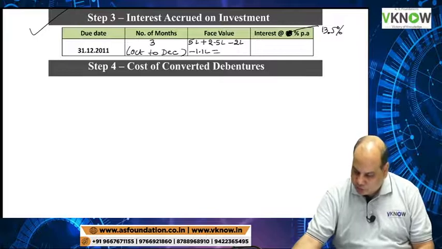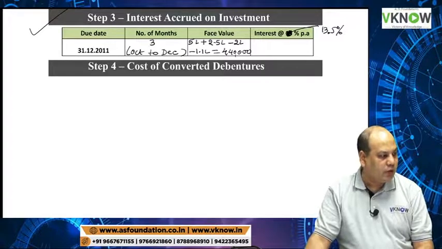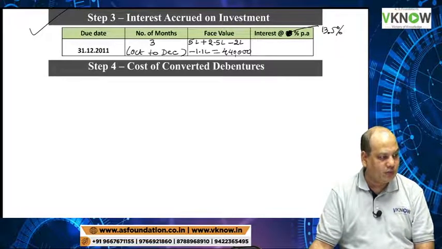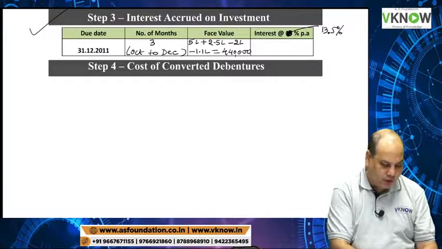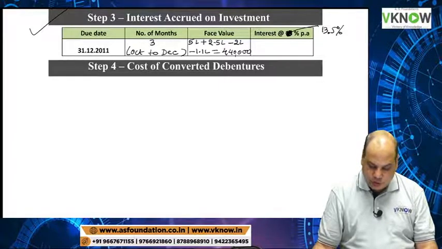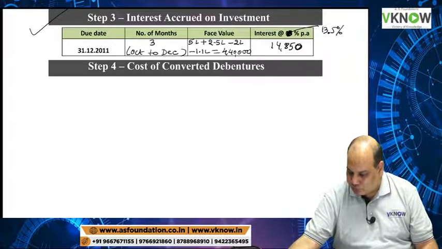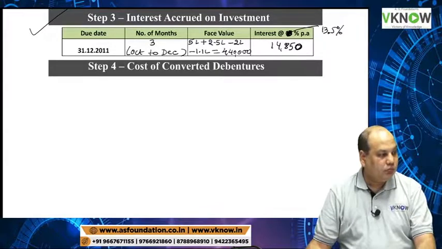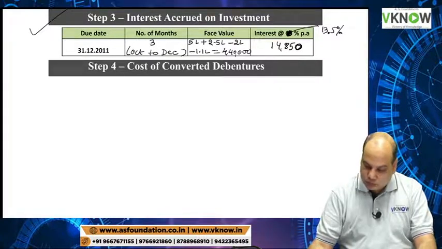So that is equal to 4 lakh 40,000. Multiply 4 lakh 40,000 into 13.5% divided by 4. So this comes to 14850. 14850 is right.